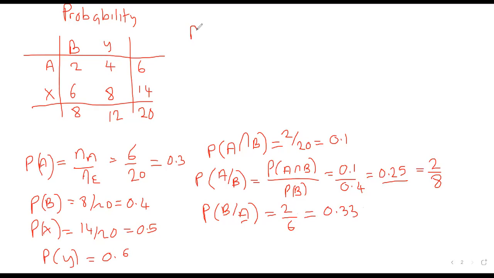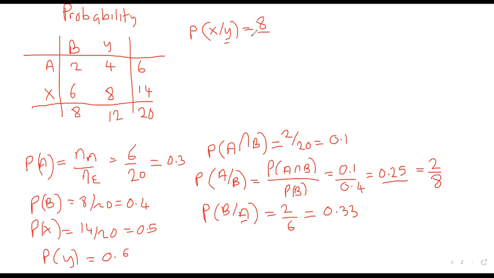What is X given Y, please? X and Y meet at 8. But the total for the bottom guy, for Y or for X?